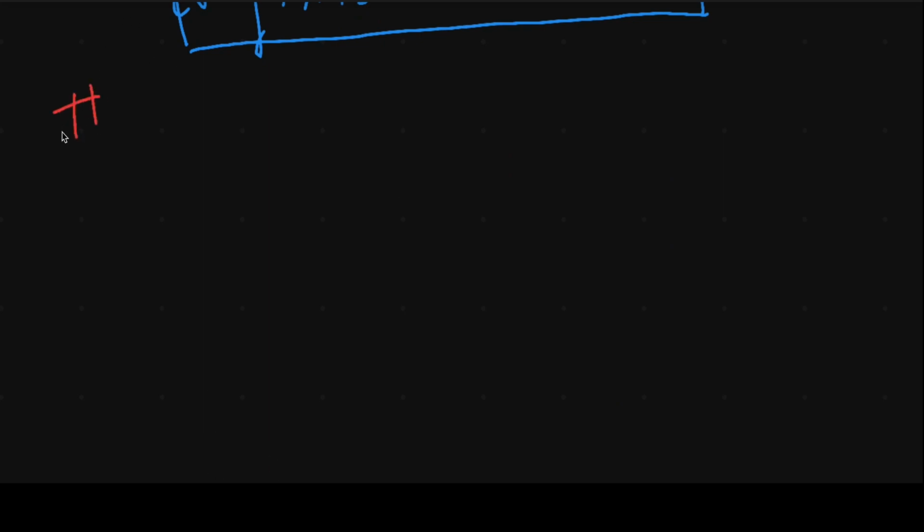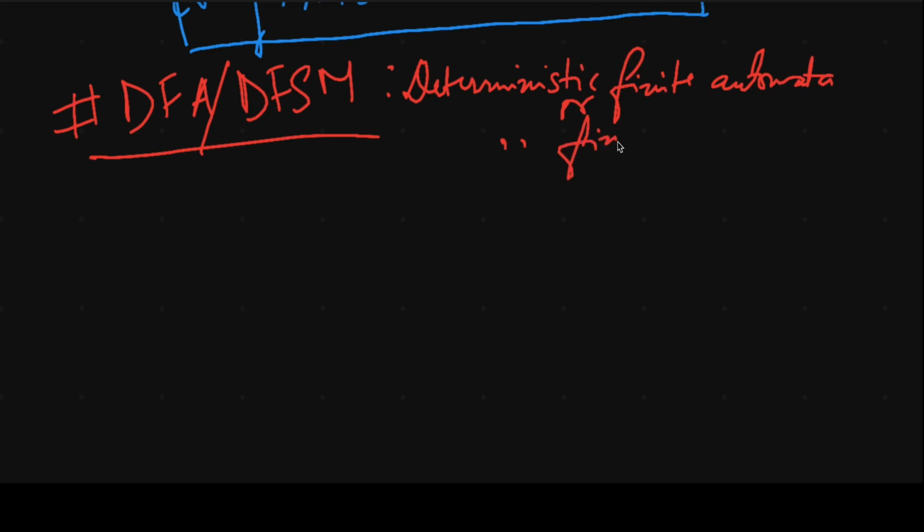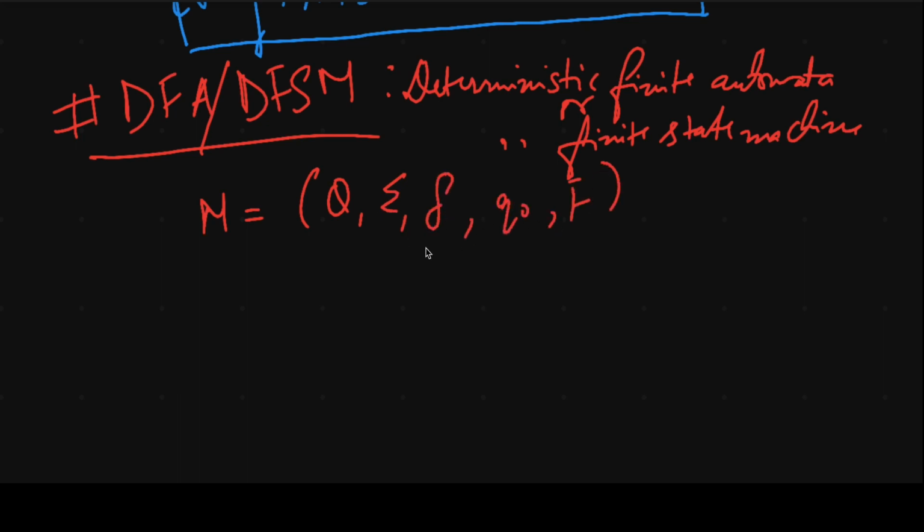Now coming on, our next important thing is the next type of finite automata. It is DFA or DFSM, deterministic finite automata or deterministic finite state machine. Here also it is defined using 5 tuples, that is Q, sigma, delta, Q naught and F. All is same.